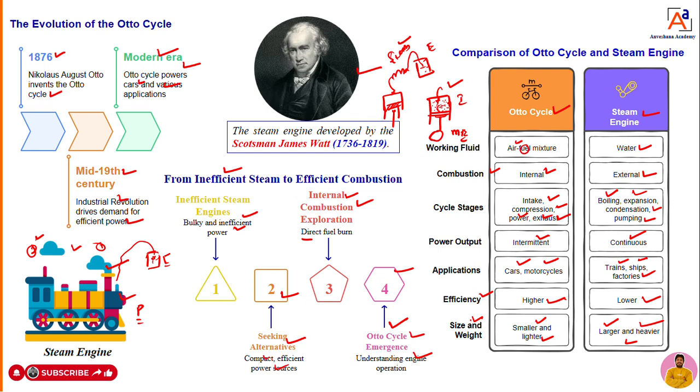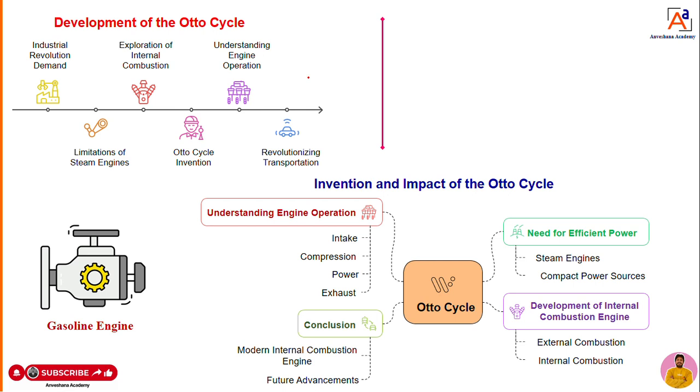And the engine he gave us we call the Otto engine. That Otto engine is developed based upon the fundamentals of the Otto cycle. Then what is that Otto cycle? We can see that here, dear students. Now, how the industrial revolution demanded this, and how the Otto cycle was developed. There was a requirement for an engine, a compact engine.